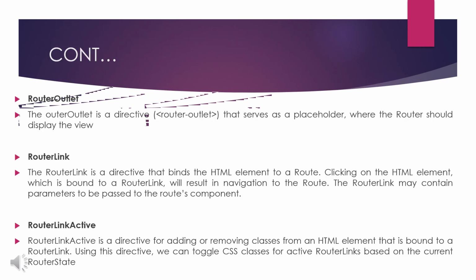We have the router outlet. The router outlet is responsible for loading all these components whenever needed, whenever navigated, whenever called, in this router outlet tag's place only. Router link is responsible for navigating the links, and parameter handling will also be done by the router link. Router link active means the active status and the deactivation status will be handled by it.